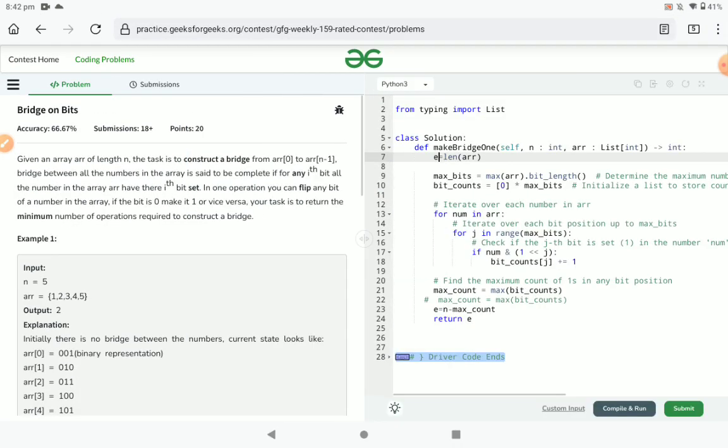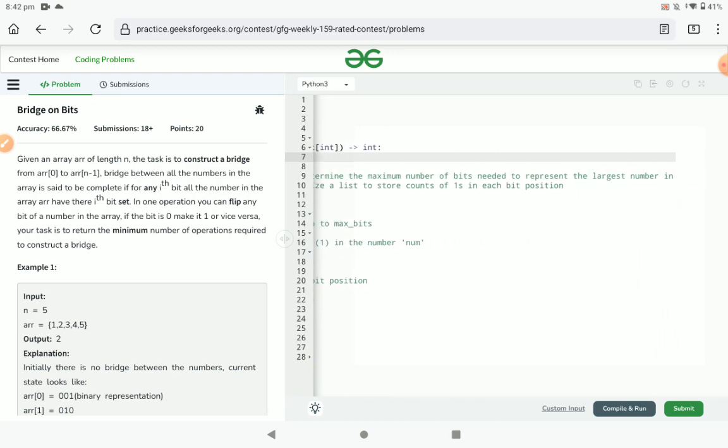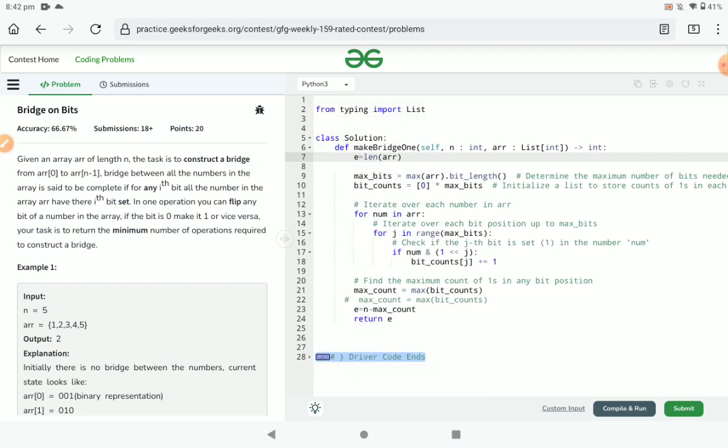It determines the bit length. For example, 2 is 10, only 2 bits. For 3 it's 11, but for 4 it's 100, which is 3 bits.